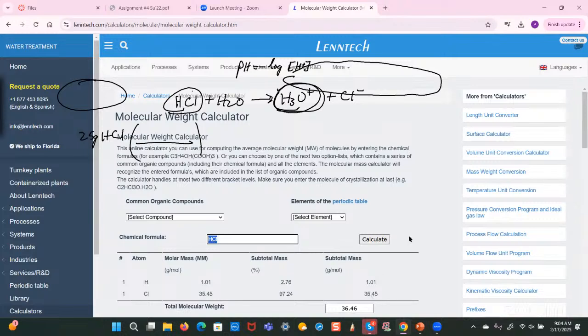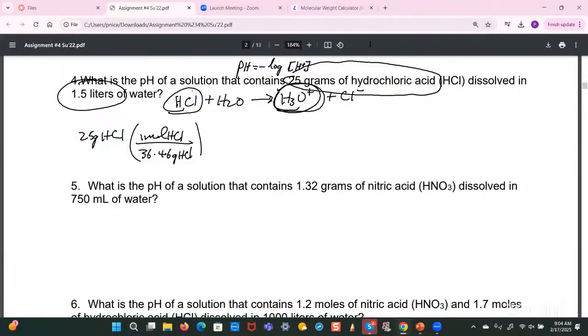Okay, 36.46. So 36.46 grams of HCl will go down here, and 1 mole of HCl will go on top. All right. Okay, so we have converted by doing this step the grams of HCl to moles.